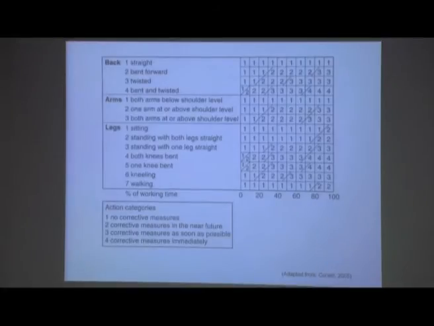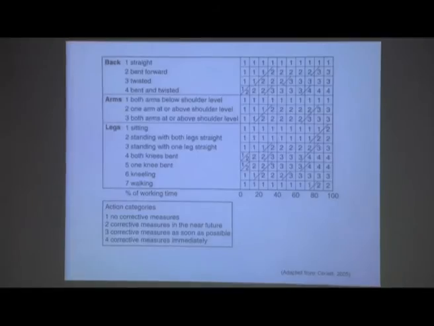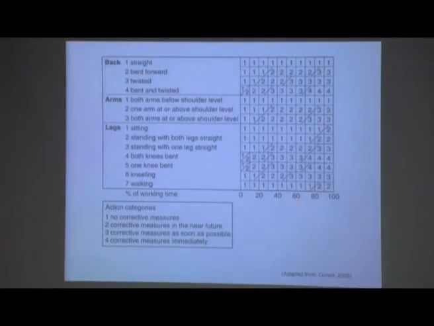So in this way, this table is used to indicate which percentage of time that individual is spending with a particular posture of a particular body segment, that may be back or arm or leg, and based on that we can categorize action categories. So 4 action categories are there.